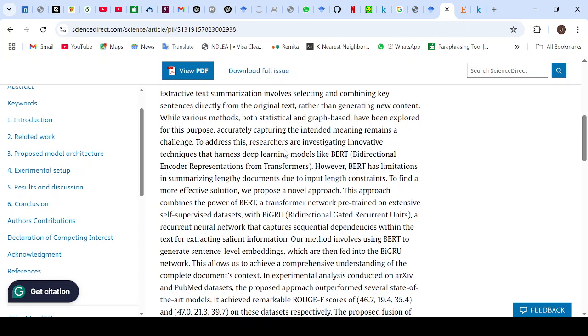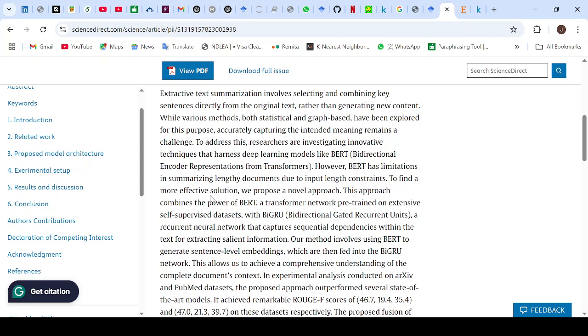To address this, researchers are investigating innovative techniques that harness deep learning models like BERT. However, BERT has limitations in summarizing lengthy documents due to input length constraints. So you see here they specify the limitation of BERT.